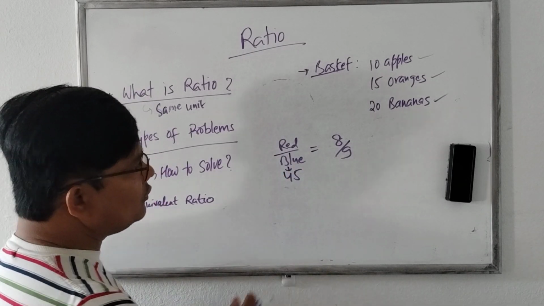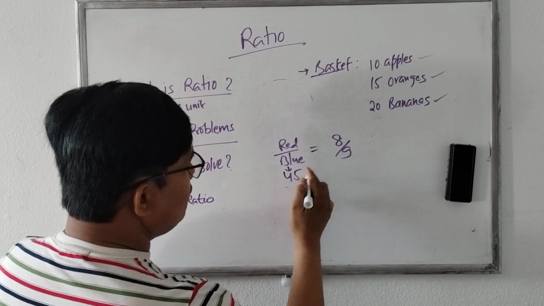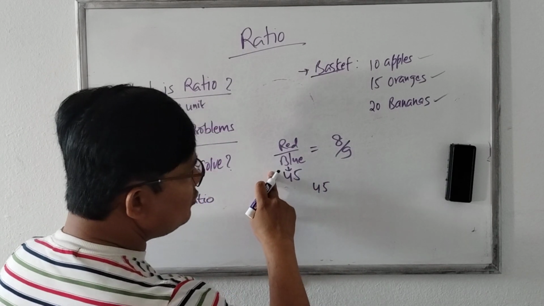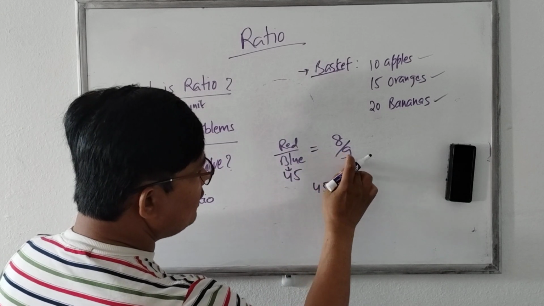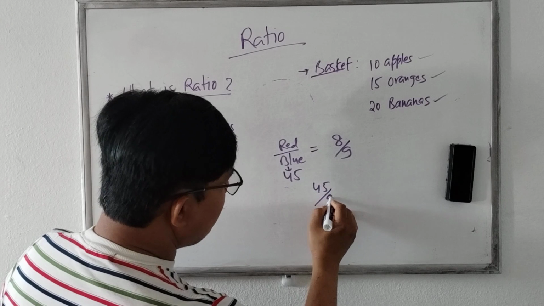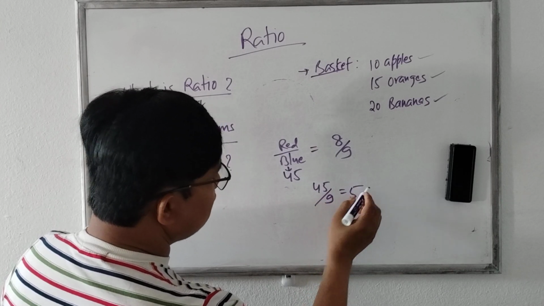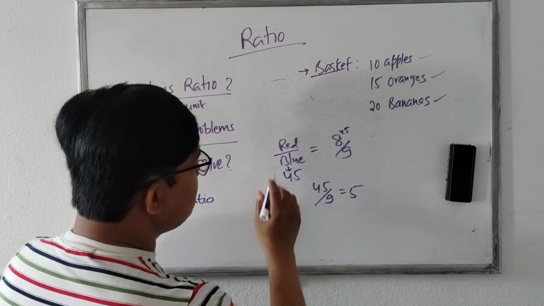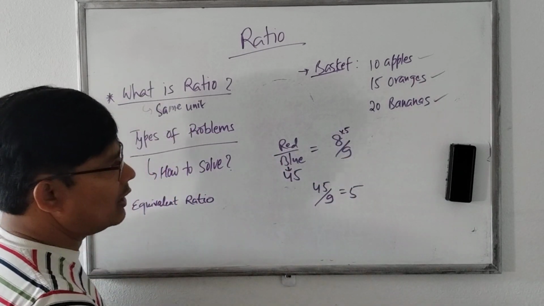In that case, you have to take 45, the actual quantity of blue marbles, and divide by its number in the ratio. So 45 divided by 9 is 5. So you can multiply this 8 by 5 to get the number of red marbles.